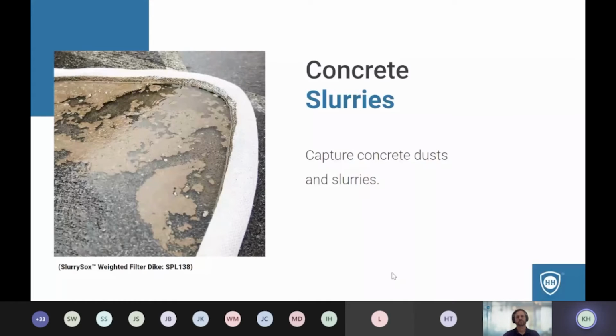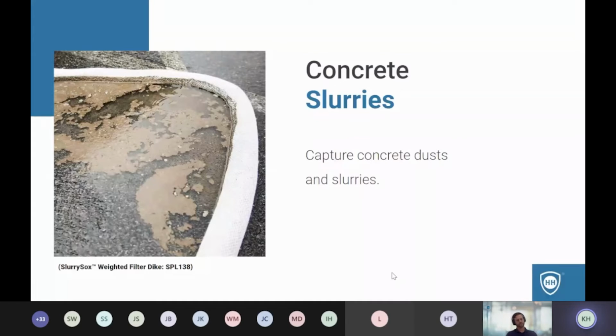Construction slurries are not only for construction permits. We see a lot of companies who may be refurbishing a facility, modifying a facility, or demolishing something. When those things happen, when you disturb concrete or asphalt, you can create a lot of dust. And there's a lot of focus now on containing and controlling that concrete dust.